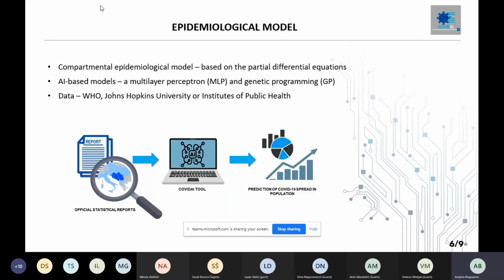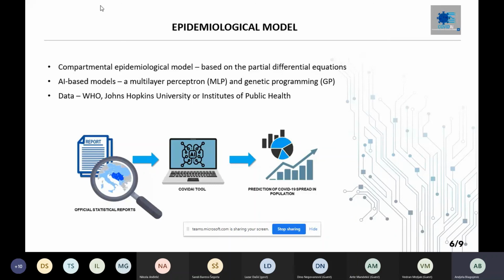And the data was collected by, actually we used official data from the World Health Organization, Johns Hopkins University, and Institutes of Public Health from several countries. On this image, you can see that as input of our COVID-19 tool, we used those official statistical reports.